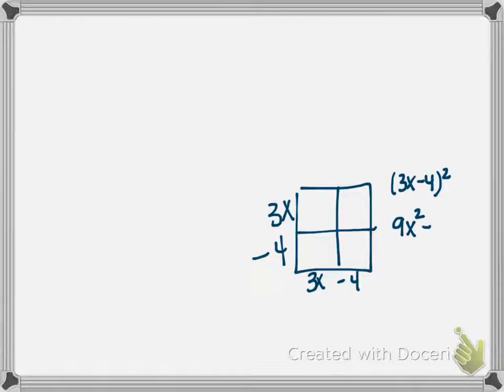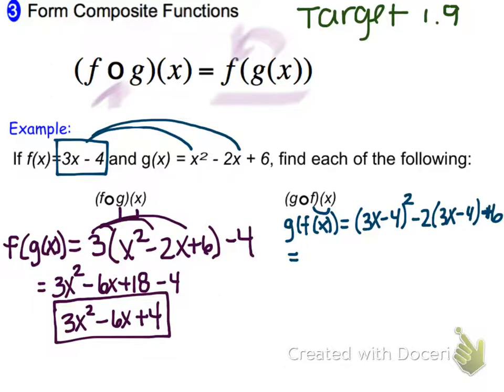Multiply the 2 of them with the 2 in the middle, and you're going to get 24x, because you'll get 12 times 2, and square the negative 4 and you get plus 16. You can also multiply with the rectangle to get the same answers, as you can see here. So either way you go through it, you should come up with 9x squared minus 24x plus 16.